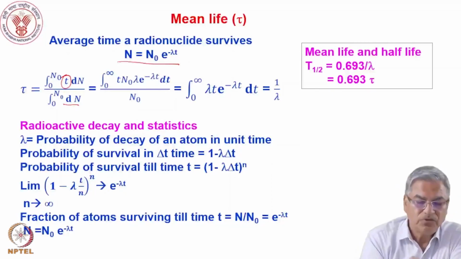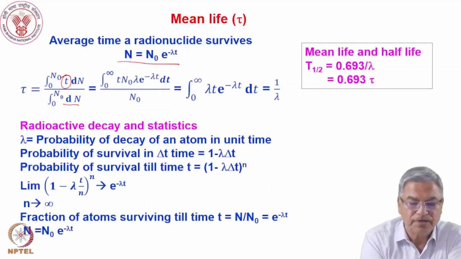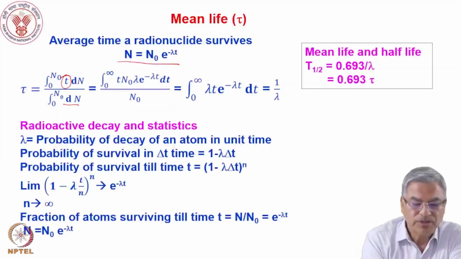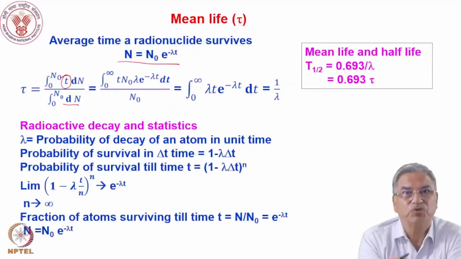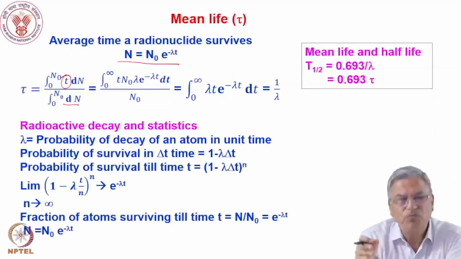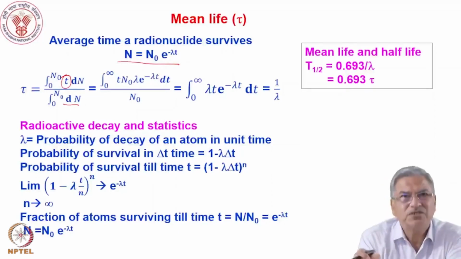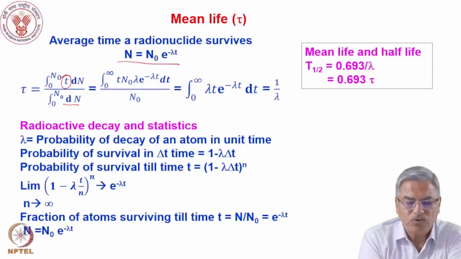Now dN is the derivative of N, so dN will be N0 lambda e raised to minus lambda t dt. The variable has changed from N to t, so the limits become 0 to infinity instead of 0 to N0, because the exponential decay curve will meet the x-axis at infinite time, and therefore the time can go from 0 to infinity.